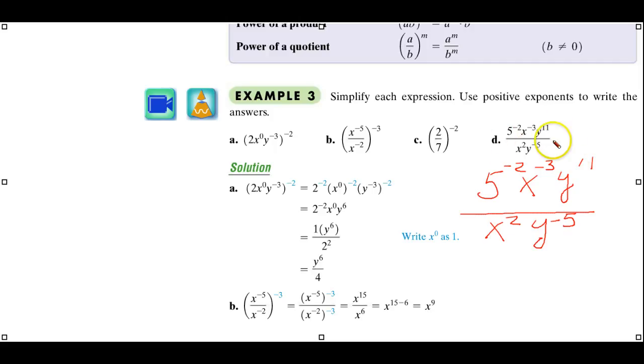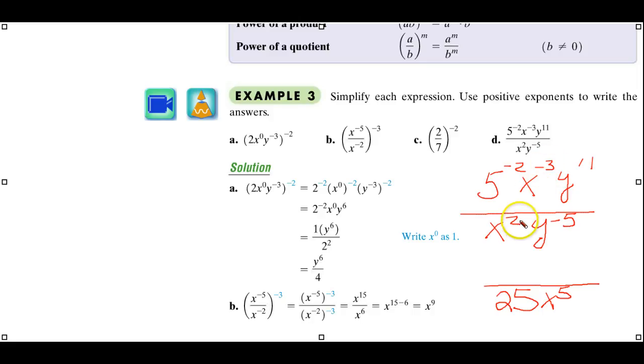In example B, as we look at it, we can do some simplification. Now, 5 to the negative 2 is going to go down as 5 squared, which will be 25 in our denominator. Now, we have x to the 2nd already down there. I'm going to move this negative 3 down, add it now to the 2, and I get x to the 5th. As we cross the division bar, the sign of the exponent changes.